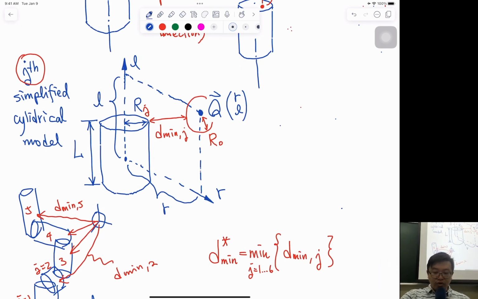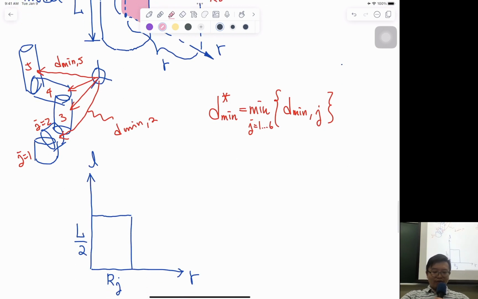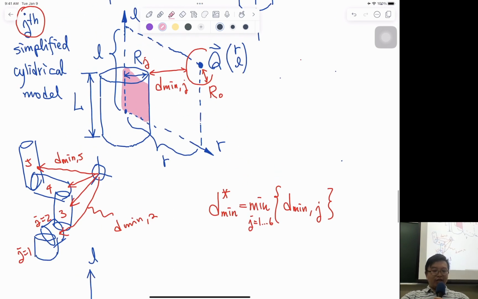So what I'm drawing right now is this area. Can you tell? Okay. I'm drawing this pink rectangle. That's basically the pink area on the top in the 3D drawing.